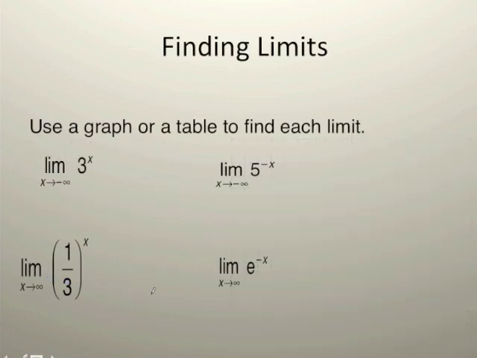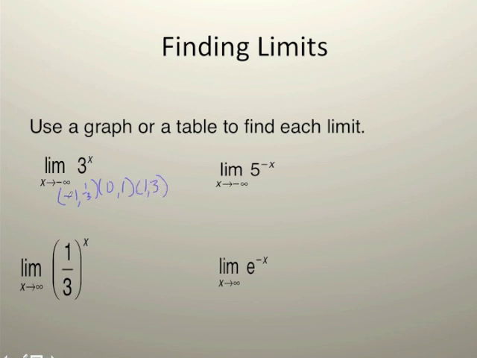Now, finding limits. It says to use a table or graph to find each limit. I think it's actually easiest to just think about the 3 points I know are on this graph. So we'll have negative 1, 1/3, we'll have 0, 1, and we'll have 1, 3.